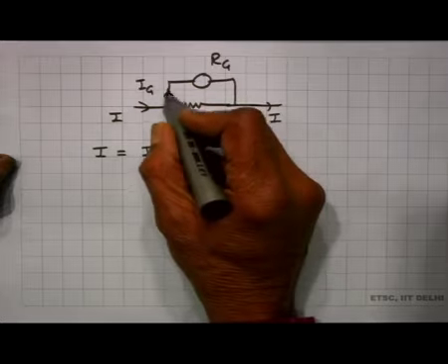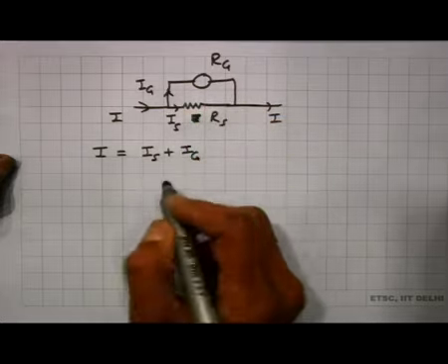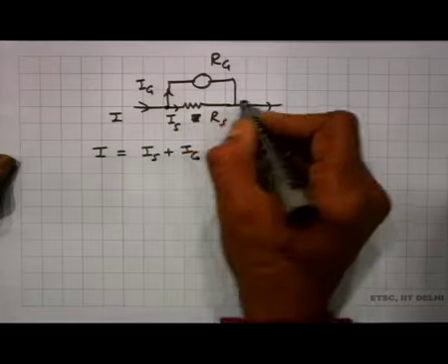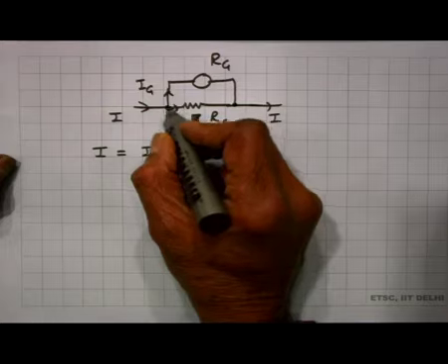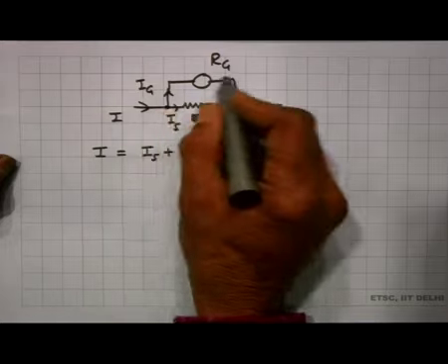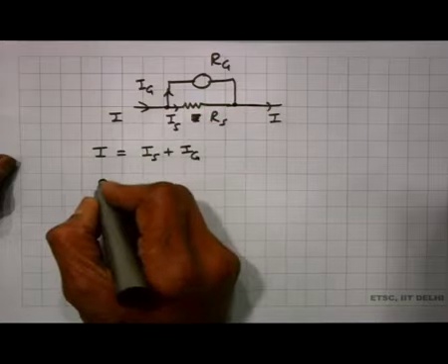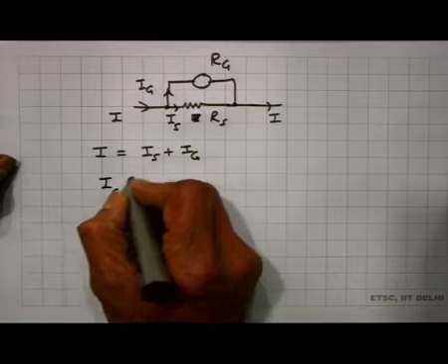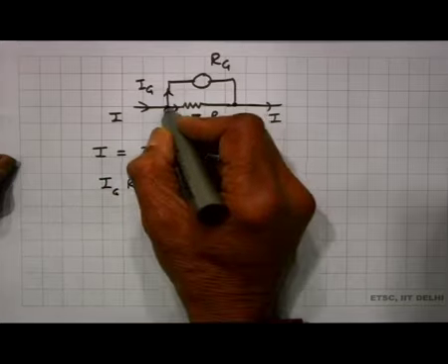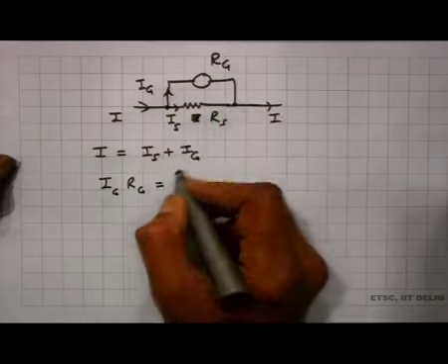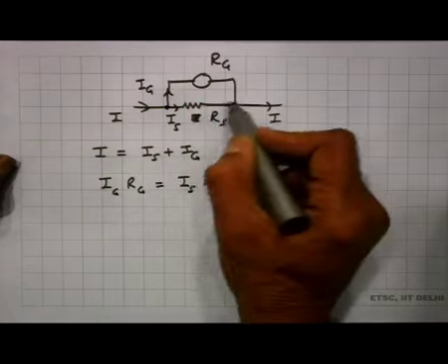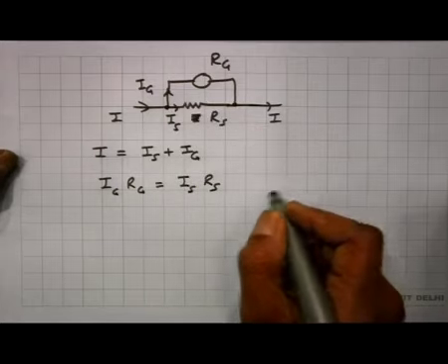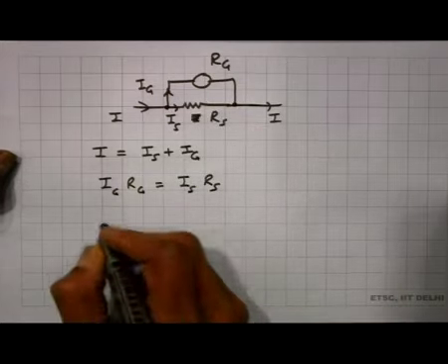The total current splits into an Ig that goes into the galvanometer and an Is that goes through the shunt, and because the potential difference between these 2 points is the same whether I look at this current or this current, I also have an equation: Ig into Rg, which is the potential difference between these two points, is equal to Is into Rs, which is the potential difference across this resistance Rs. So, I can use all this to simplify.